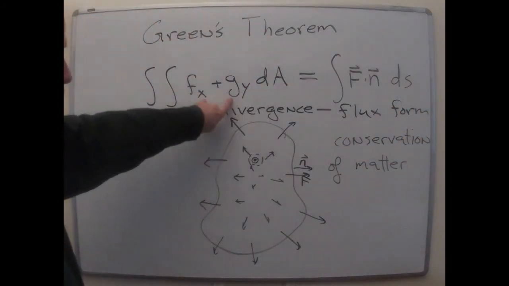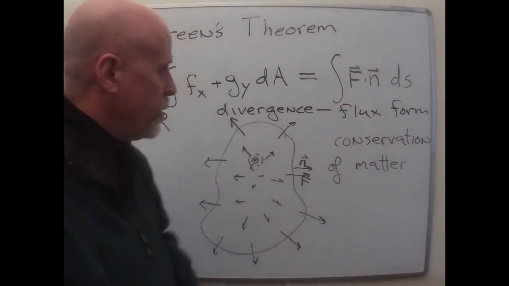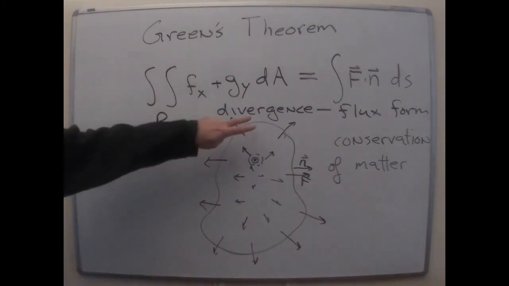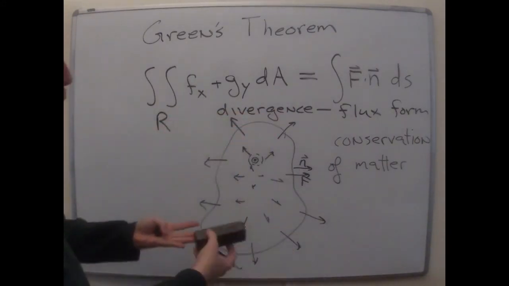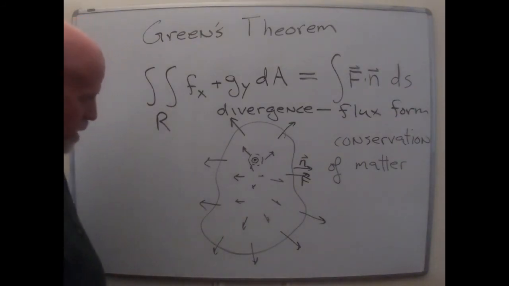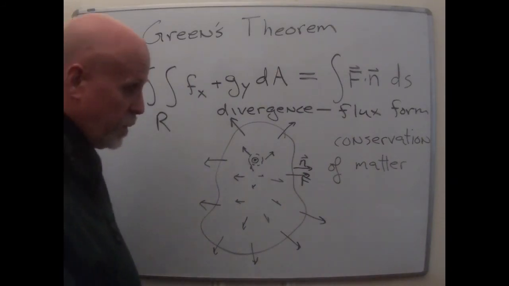So that's divergence. This integral is called a flux integral because it's got the n rather than the t in it. If the divergence flux form is non-zero, it means matter is either being created or destroyed or introduced from the outside or removed from the outside. Somehow the system is not closed when it comes to the existence of the full set of material.